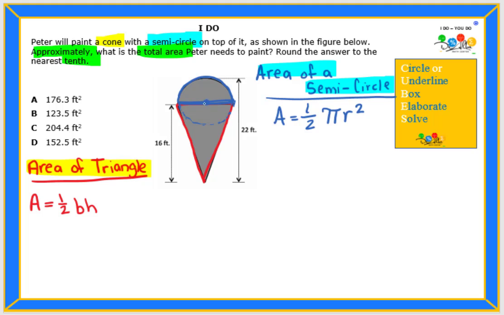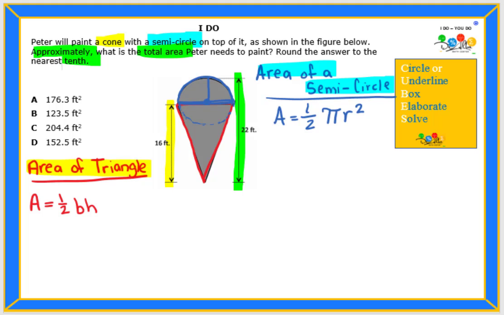And then from that point right here on the base of the triangle, or that line which represents the diameter, to the edge of the circle, there is an amount that, when added to 16, is now 22. Do we see that? So the entire height is 22, and we're going to subtract the height of the triangle.